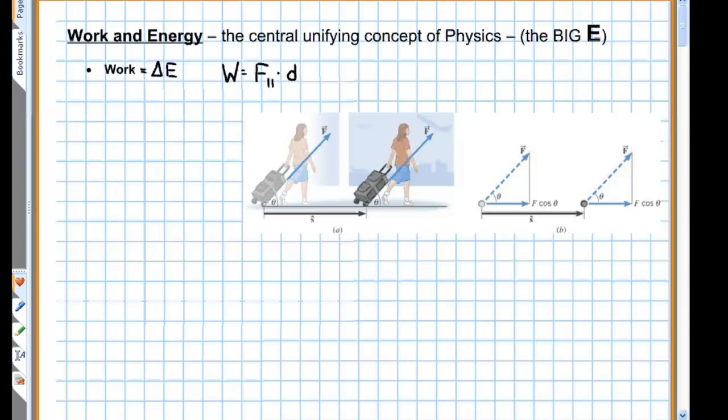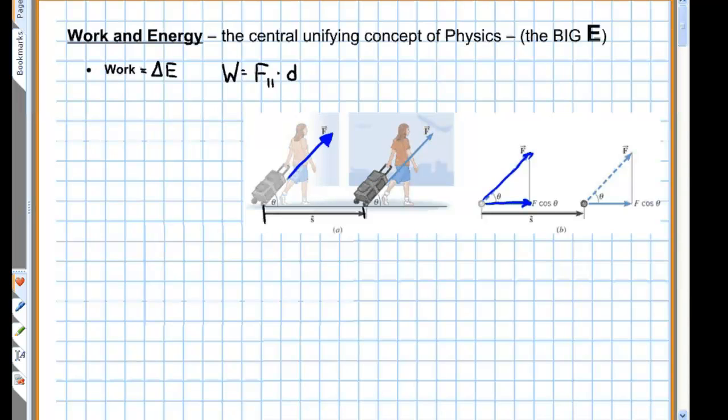So if you have this lady in her, looks like maybe jorts or something, if she walks forward while applying a force up at this angle, that force is not directly causing the work. Well, it is causing the work. However, we have to understand it is only the x component of that force that is doing the work.